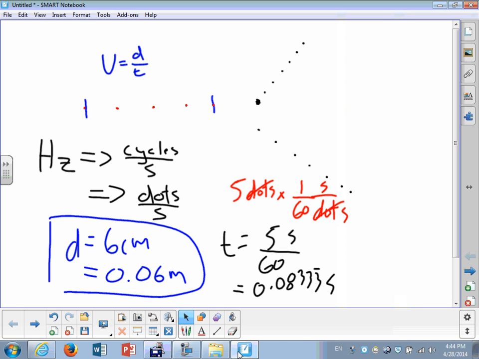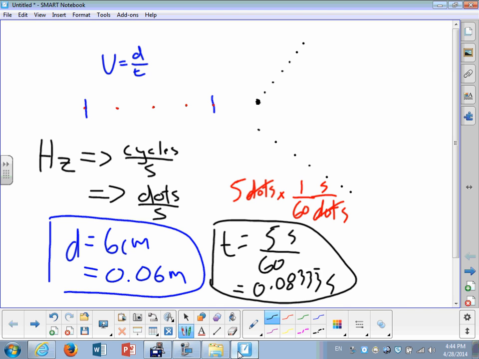So I've got time, I've got distance. I'm going to put another box around this one. Brilliant. There's my time. There's my distance. I know my velocity now. All I do, my distance is 0.006 meters, and my time is 0.083 seconds.